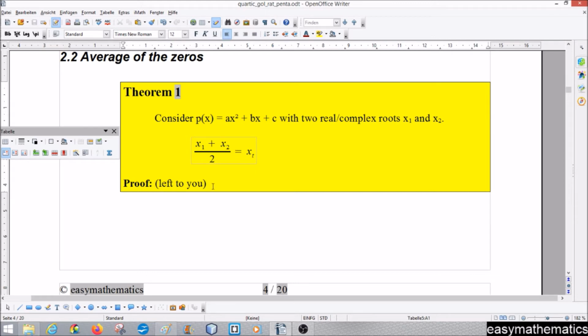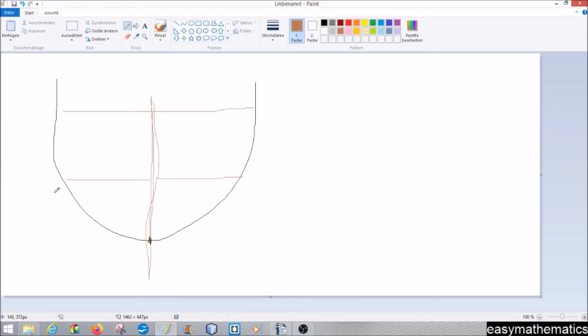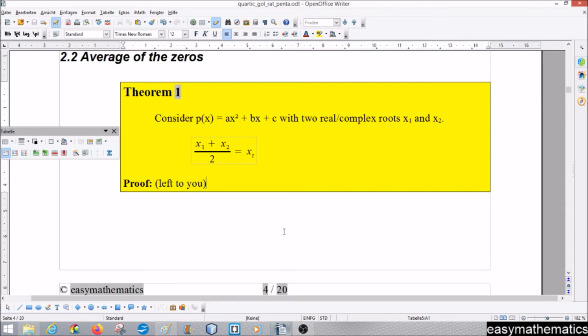The proof is of course very easy. I leave it to you. And we can see this also graphically. If we take a look at the graph, let's consider there is our x-axis. Because of the symmetry, this distance is the same as here.